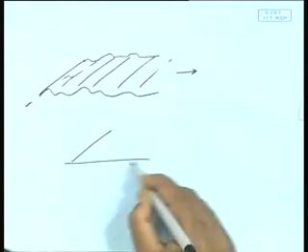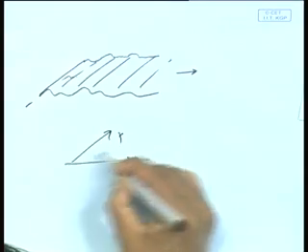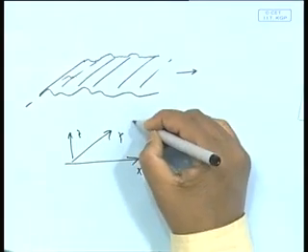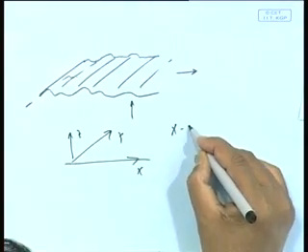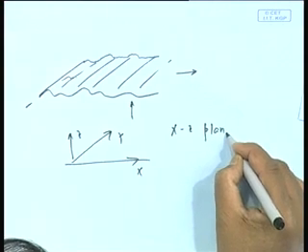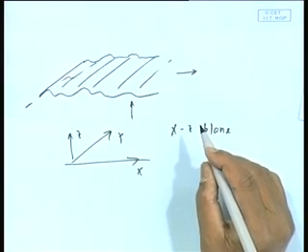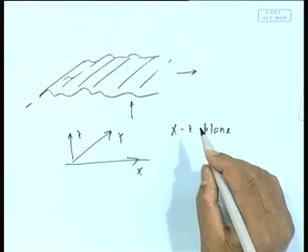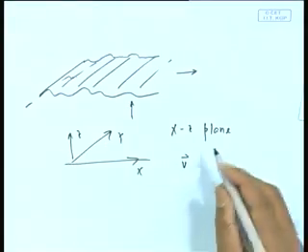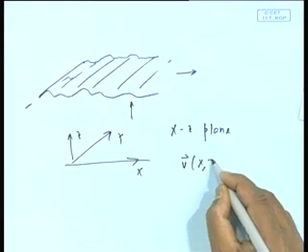That means if I use an x, y, z coordinate system, this is in an x, z plane. Whatever y equal to constant plane I cut, my velocities are all in the xz plane. So the velocity vector has dependence only on x and z.